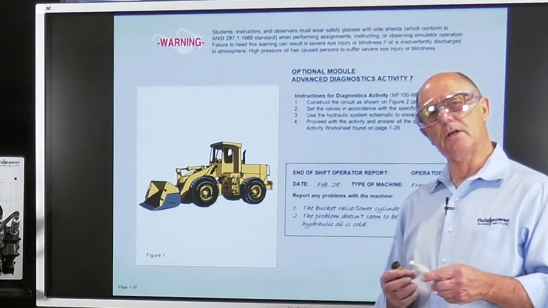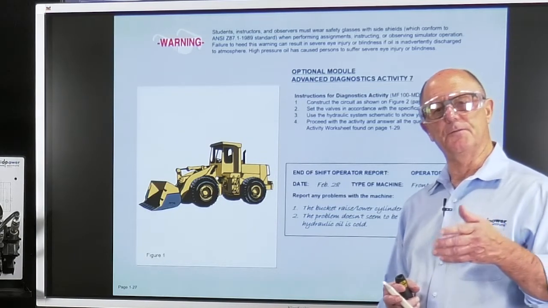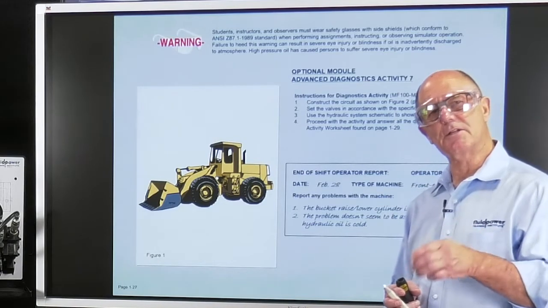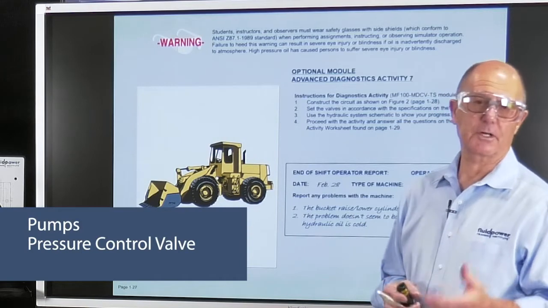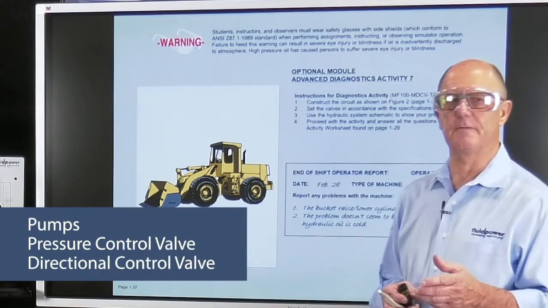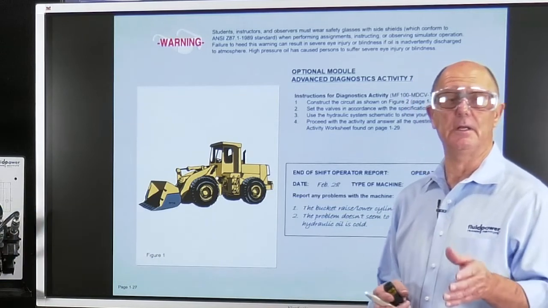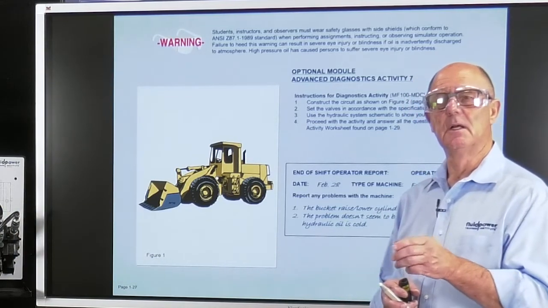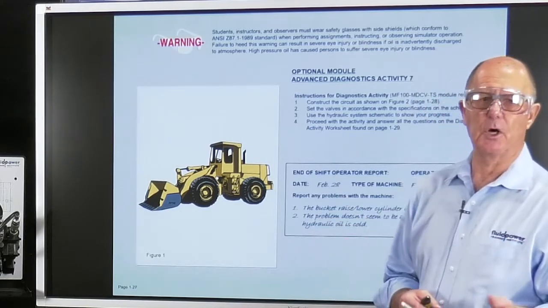Now, the troubleshooting course is designed to first teach the student how to test the individual components, meaning the pumps, the pressure control valves, and the directional control valves. After each of those activities, or lessons, the student is given an assignment, and goes to the simulator with a workbook.